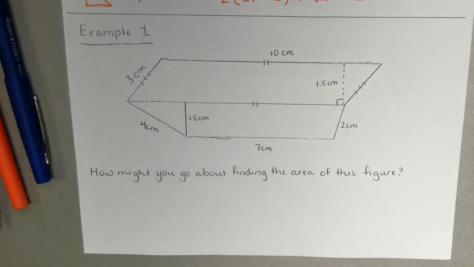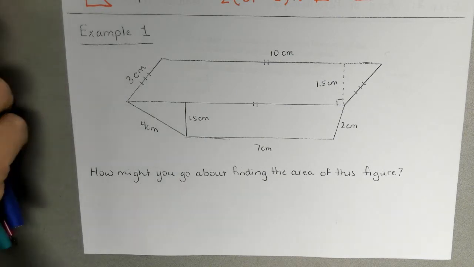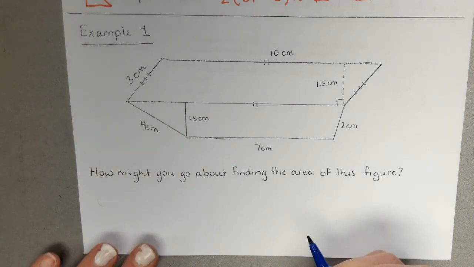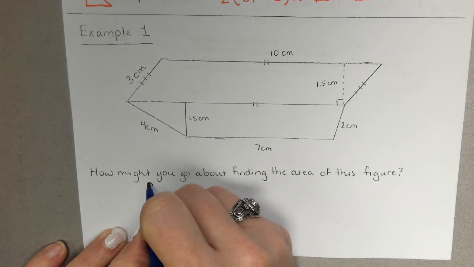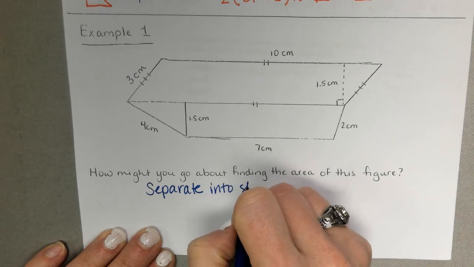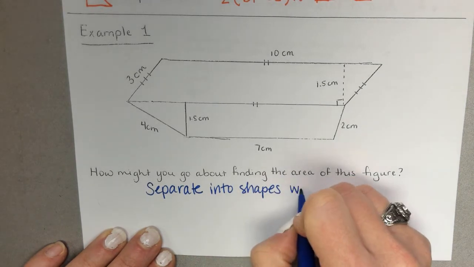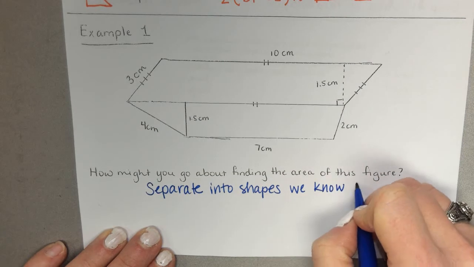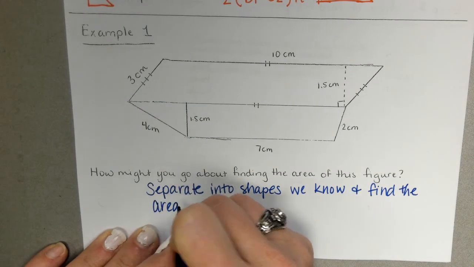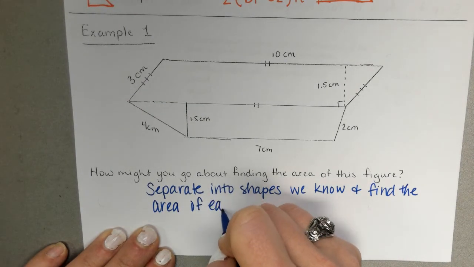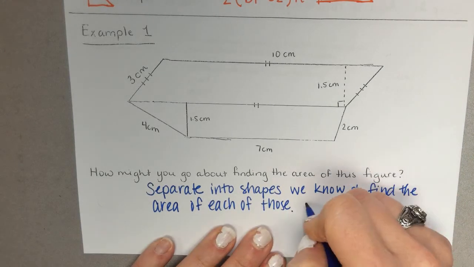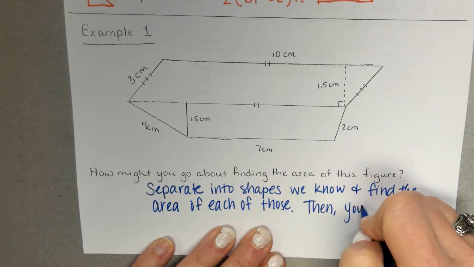Example 1. How might you go about finding the area of this figure? You need to rely on your former knowledge. You would separate it into shapes that we already know, find the area of each of those, then add them together.